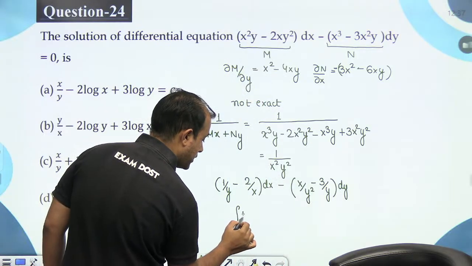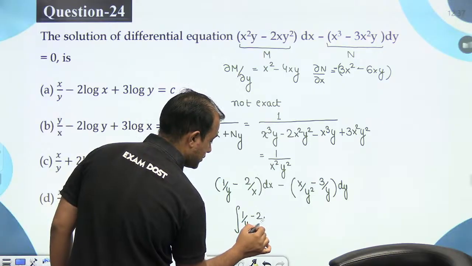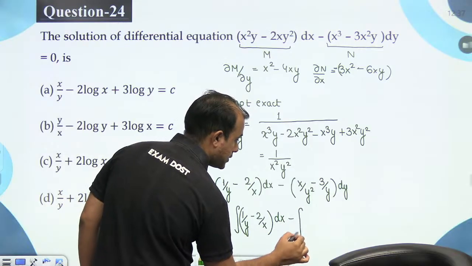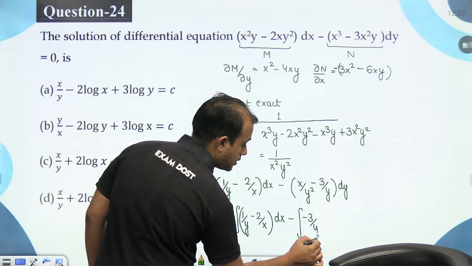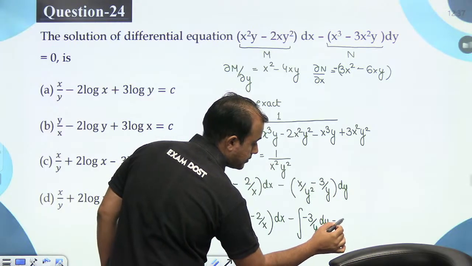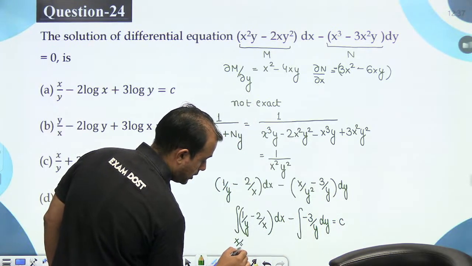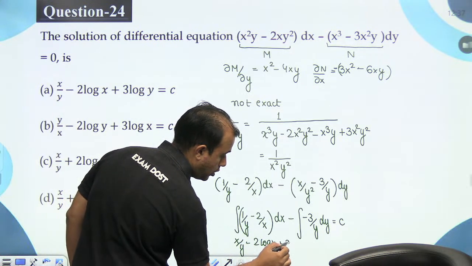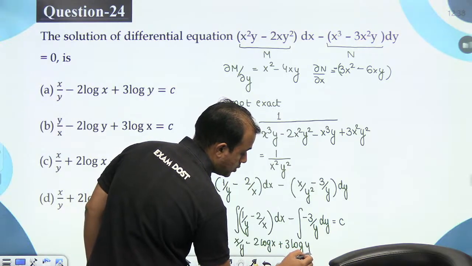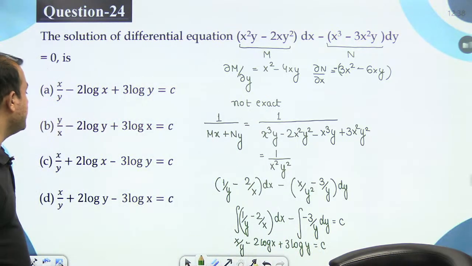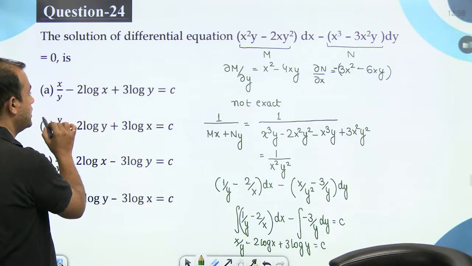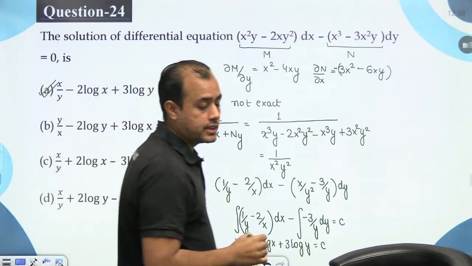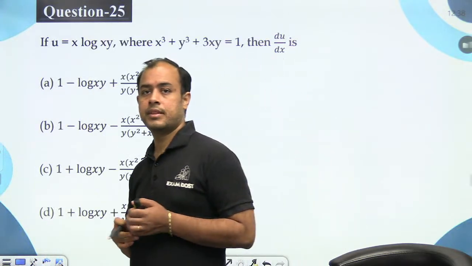So the integration will be, here the terms not containing x. So this will be x upon y minus 2 log x plus 3 log y is equal to c. Integration of m plus integration of n with the terms not containing x.